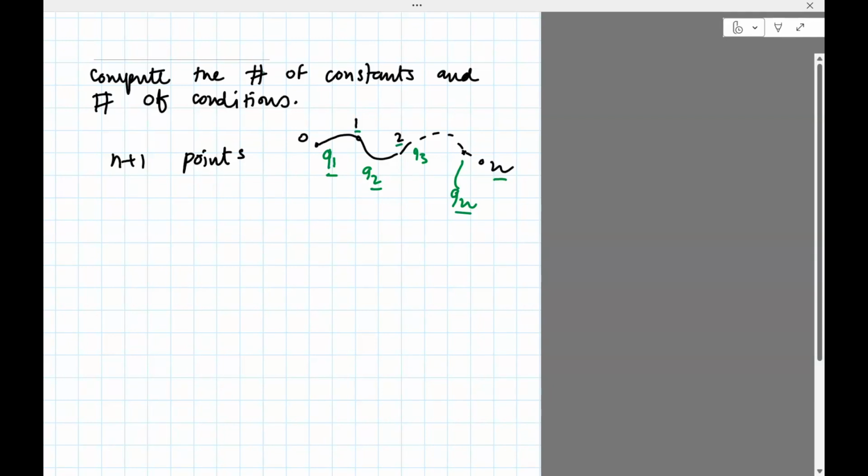So that should be n third order polynomials. Since we have a third order polynomial, we have 4 constants for each polynomial.